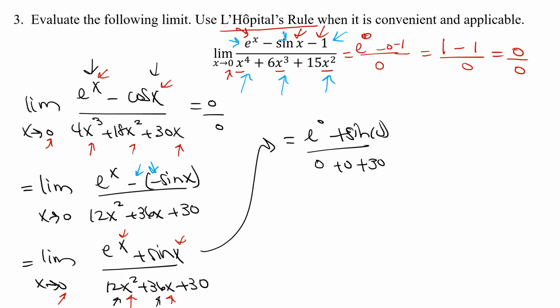Then we got the 30. All right, e to the 0, well, that's just 1. And sine of 0, well, that's 0. And then in the bottom, we have 30. So there you go. Okay, we were actually able to evaluate that and find an actual value for that limit. Okay, so this limit is equal to 1 over 30.